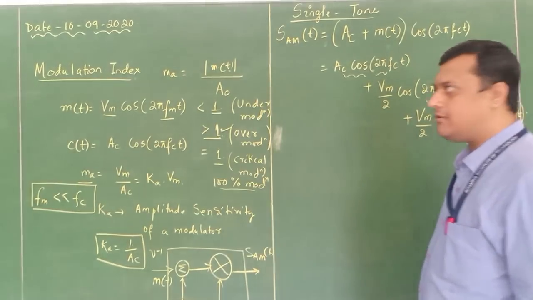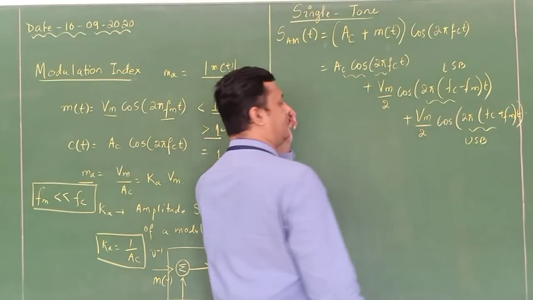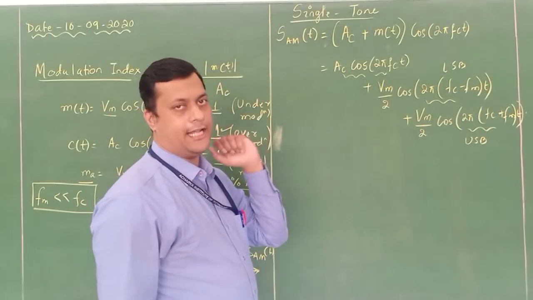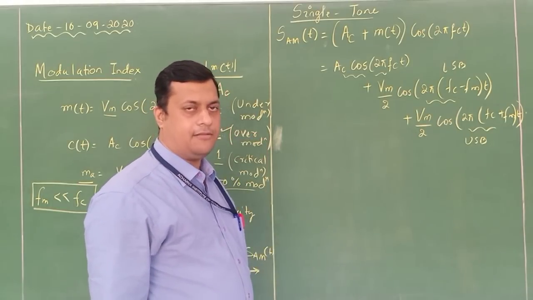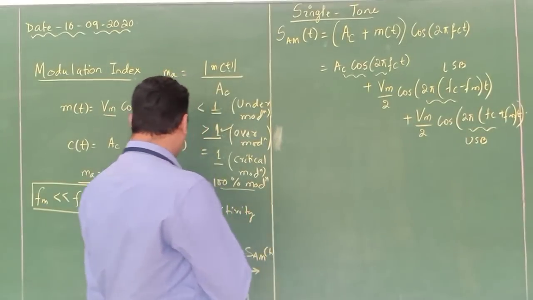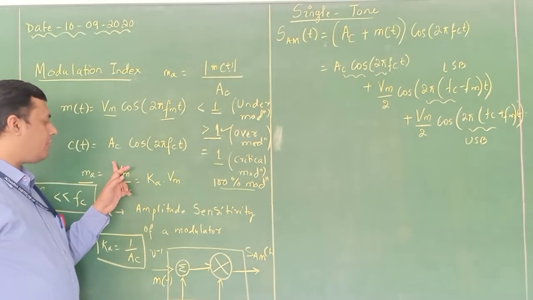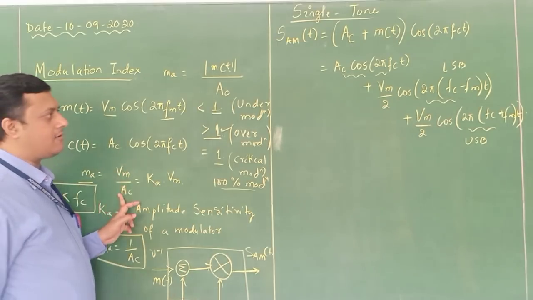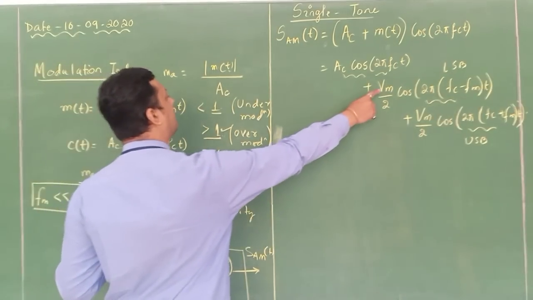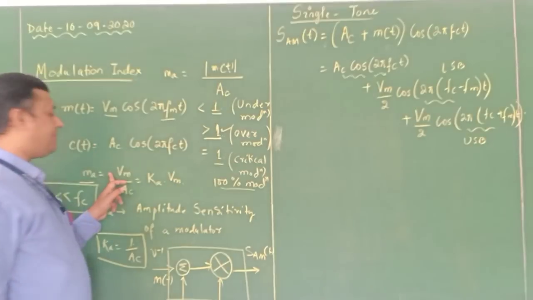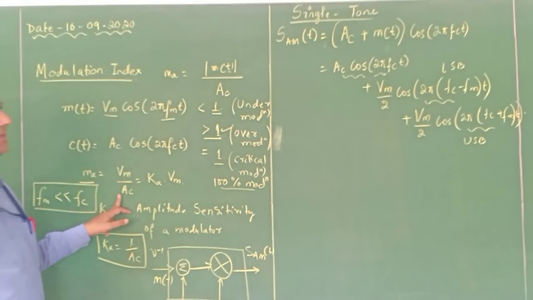Done? Now I need to represent this equation in terms of modulation index. How are we going to represent it in modulation index? As we know, modulation index is the ratio of the magnitude of the modulating signal to the carrier component. So in place of Vm, I will substitute Ma into Ac.